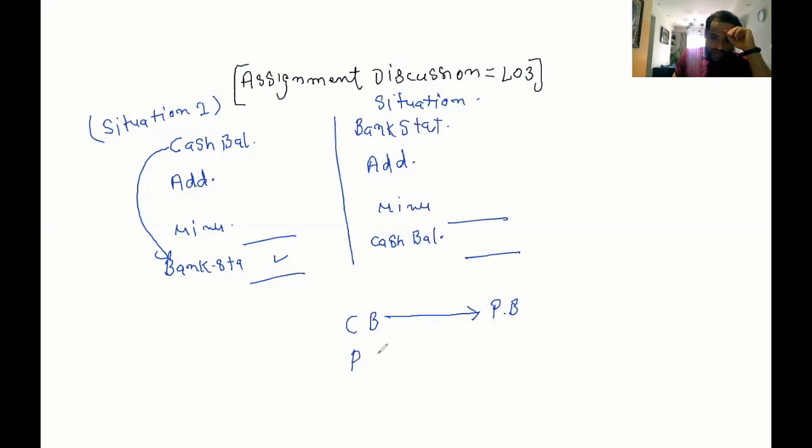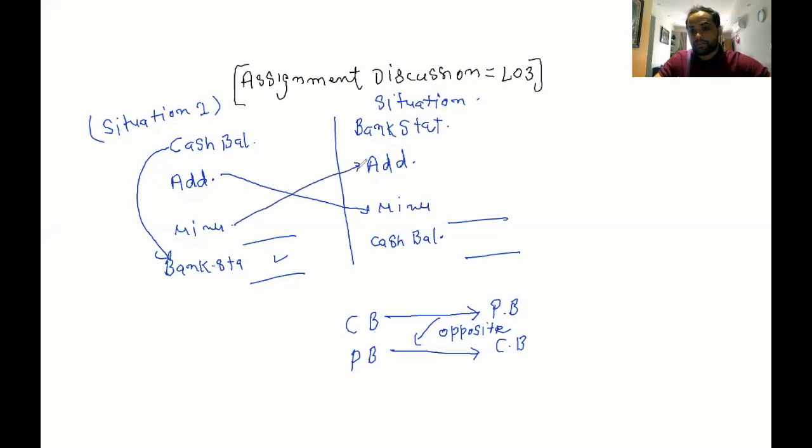But if you start with passbook and you want to reach the cash book, you're gonna perform all transactions exactly opposite. What does it mean? Whatever we normally add in this situation, we will subtract in this situation. And whatever we subtract, we will add in these situations.